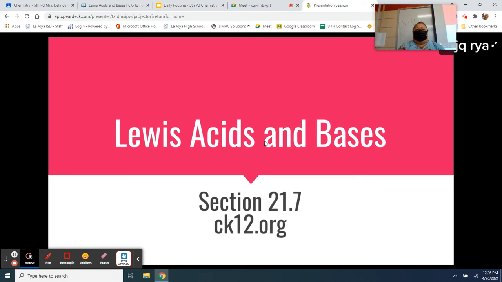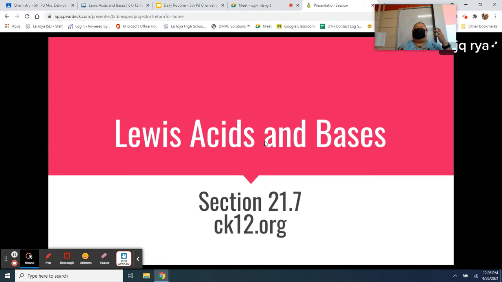Today, we're going to talk about Lewis acids and bases. Now, you've got to remember, why did we get that definition of a Bronsted-Lowry acid and base? Because of what compound that's behind me? Nitrogen. This is NH3. Remember ammonia? Ammonia, we learned, is also a base, but it did not fit the definition of an Arrhenius base.